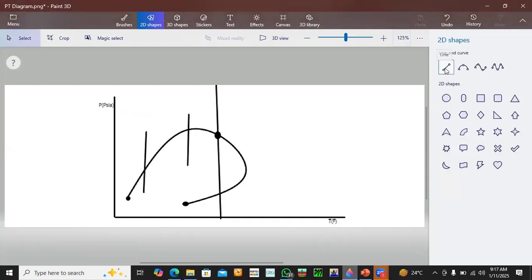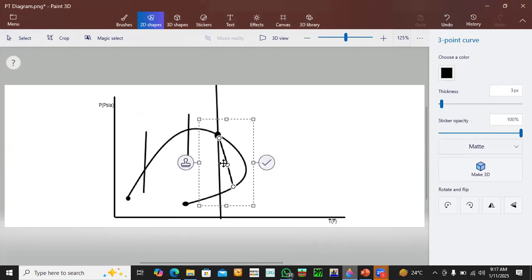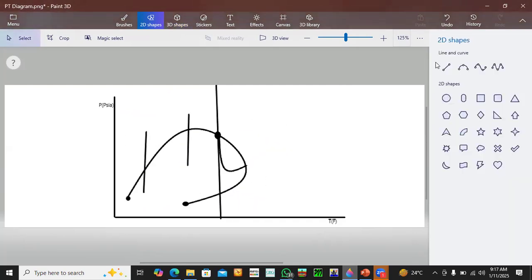Also, the reservoir temperature tends to be lower than the critical temperature, so it passes through the bubble point section of the PT diagram. That's just a brief explanation from my understanding.